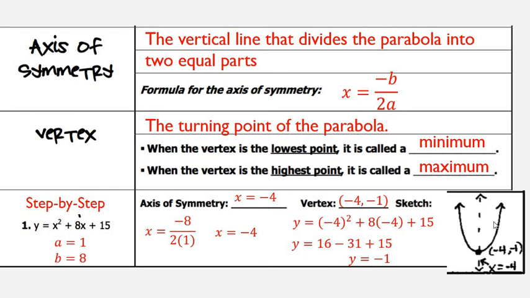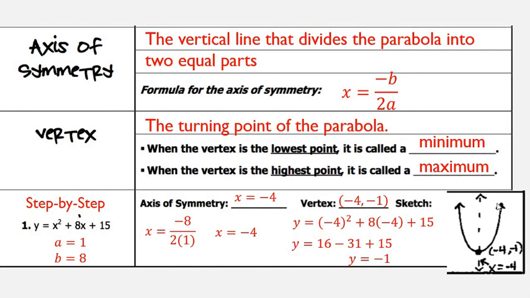You're going to draw a dotted line down the middle of the parabola, and that dotted line is called the axis of symmetry. Where it cuts the parabola in half is your x equals negative 4.